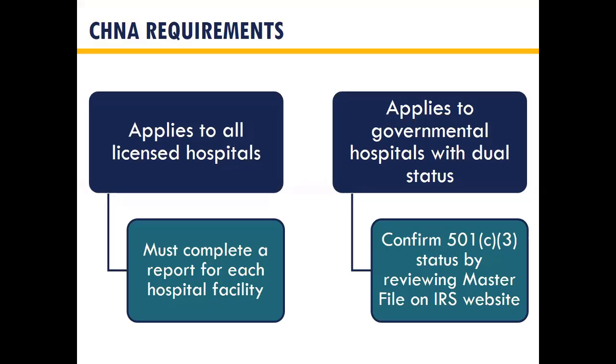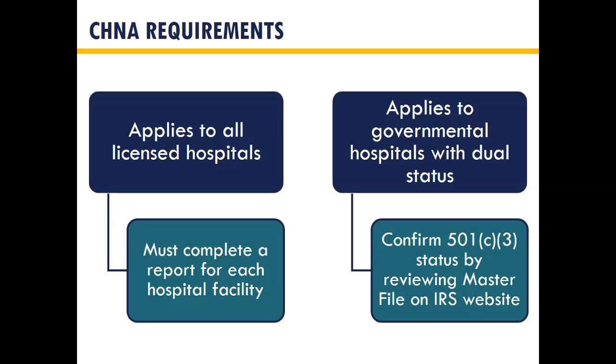So the requirement to do a community health needs assessment applies to all licensed hospitals, and it also applies to governmental hospitals that have dual status. Some governmental hospitals applied for tax exempt status under 501c3 at some point in the past.